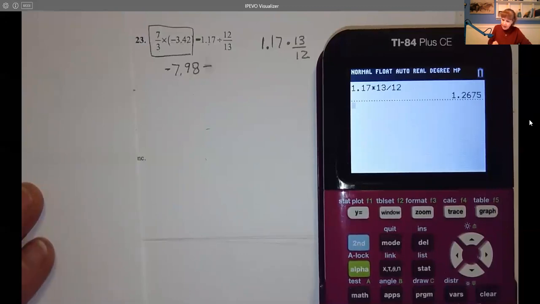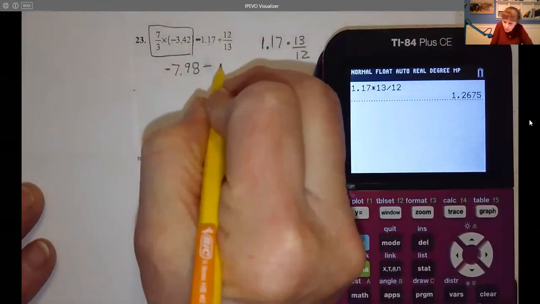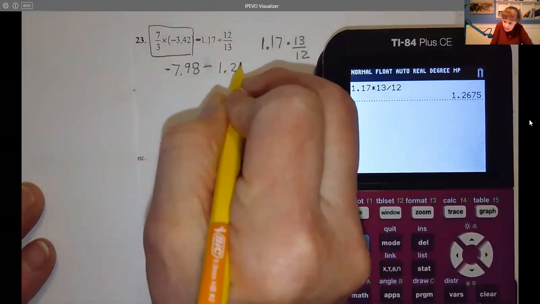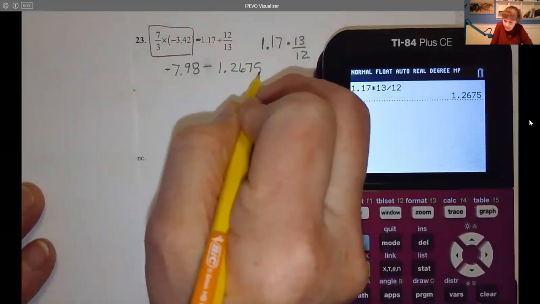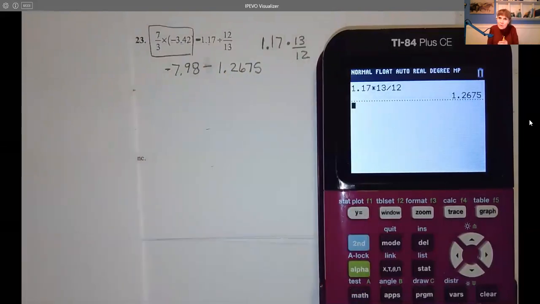Okay. And you end up with 1.2675. What will not work is if you take 1.17 divided by, because you have that division. So you say, okay, divided by 12, and then divided by 13. No, you can't do it that way.